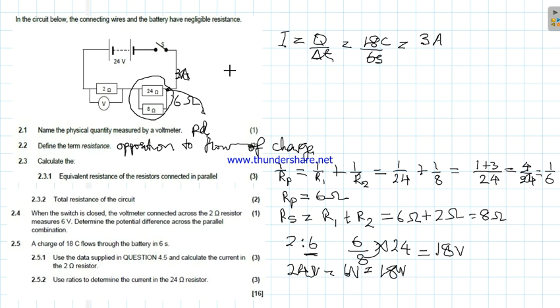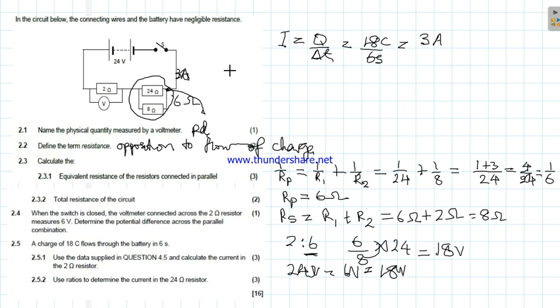Okay, all right. The other thing is that we already know the potential difference across the resistors connected in parallel. We've already calculated it in 2.4, and we found it to be 18 volts.